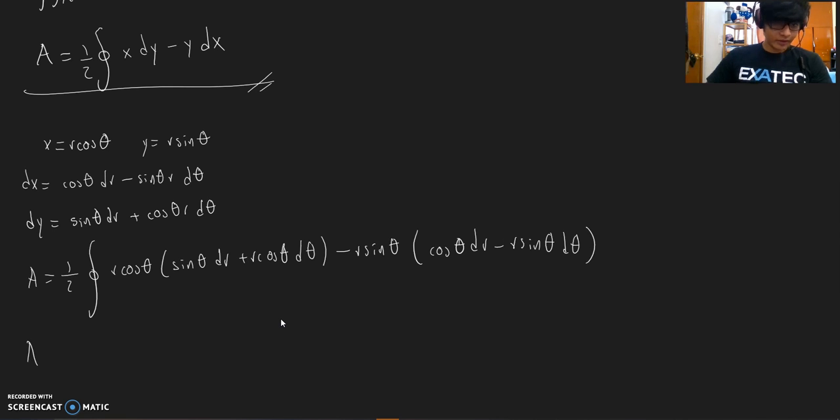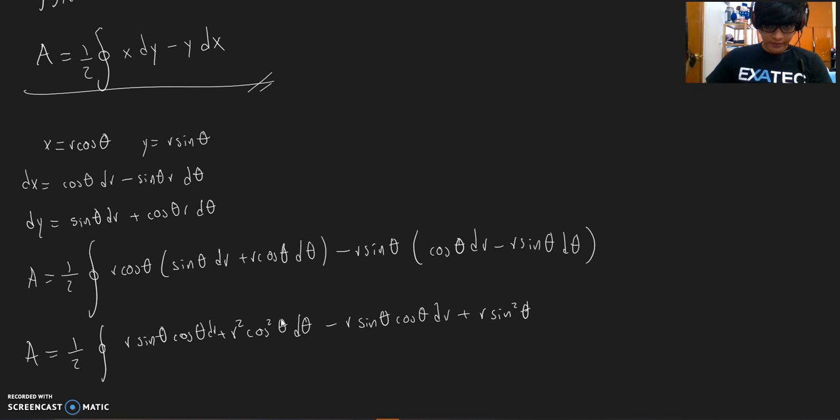Okay, now making some algebra here, we get r sine of theta cosine of theta dr plus r squared cosine squared of theta d theta minus r sine of theta cosine of theta dr plus r squared sine squared of theta d theta.